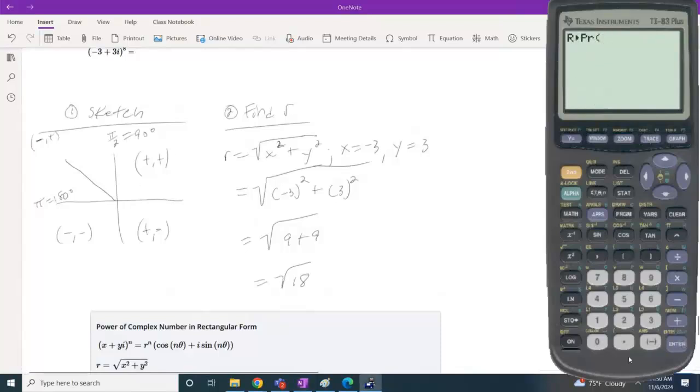I'm going to put in my x coordinate, which is -3, comma, my y coordinate, which is +3. And when I hit enter, it gives me 4.24, which is the square root of 18. Those are the exact same values.